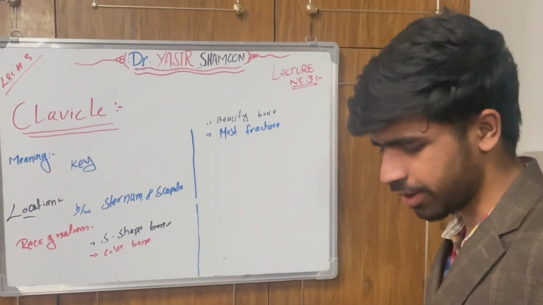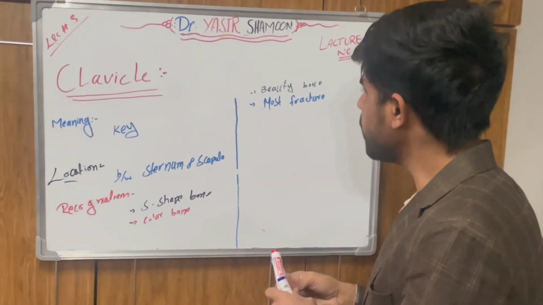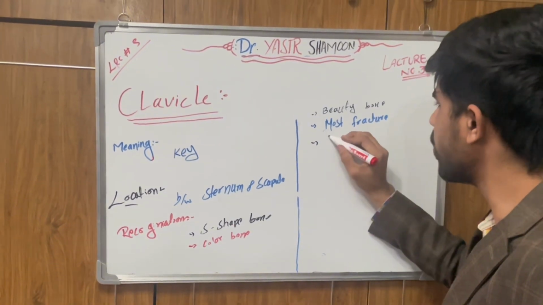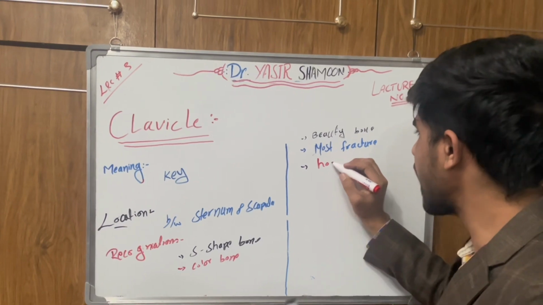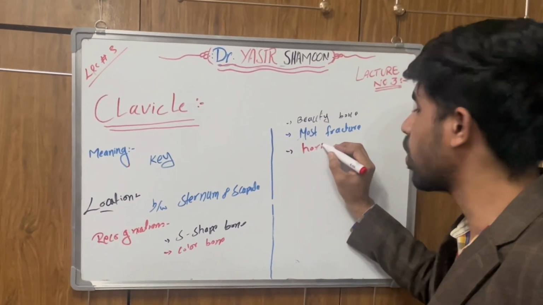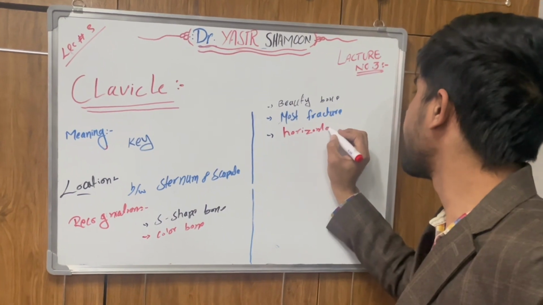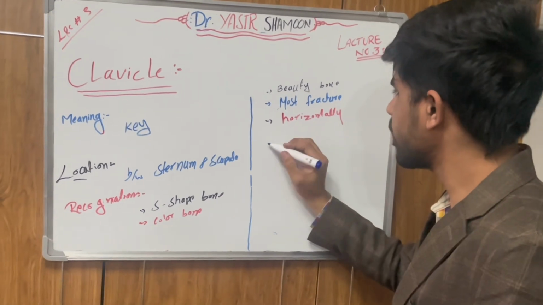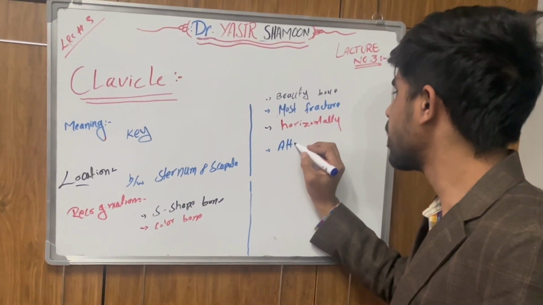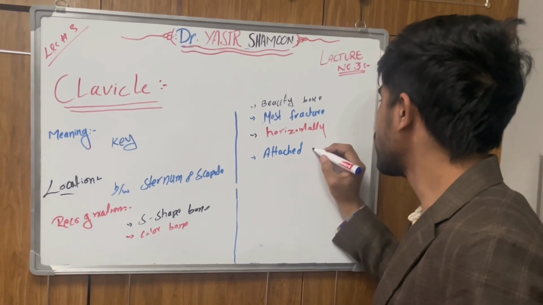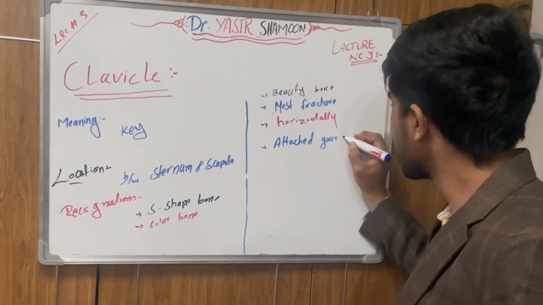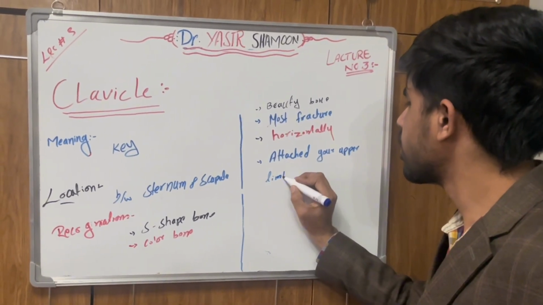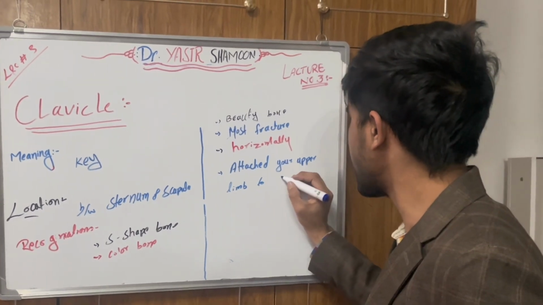Fifth, it is the first bone in our skeleton that lies horizontally. And last, it is the first bone that attaches your upper limb to the thoracic or chest region.